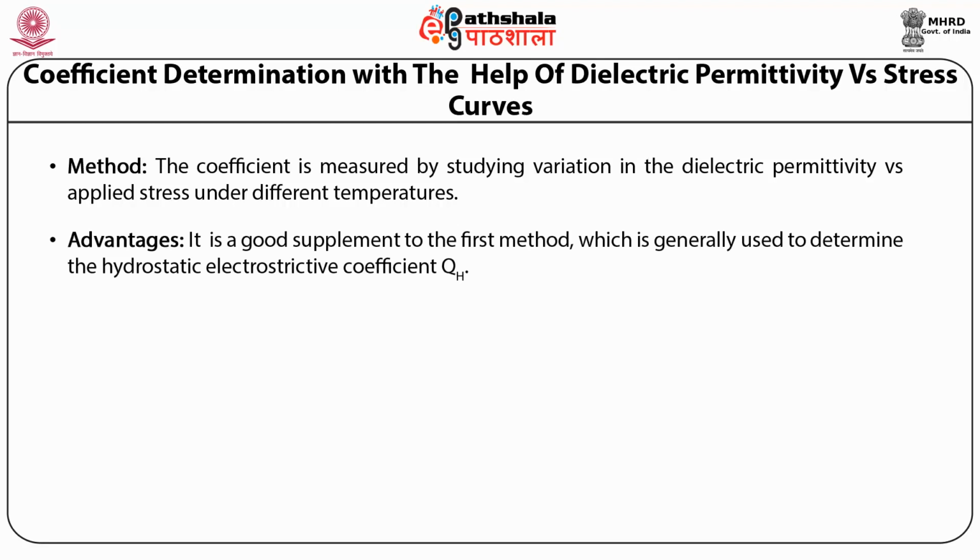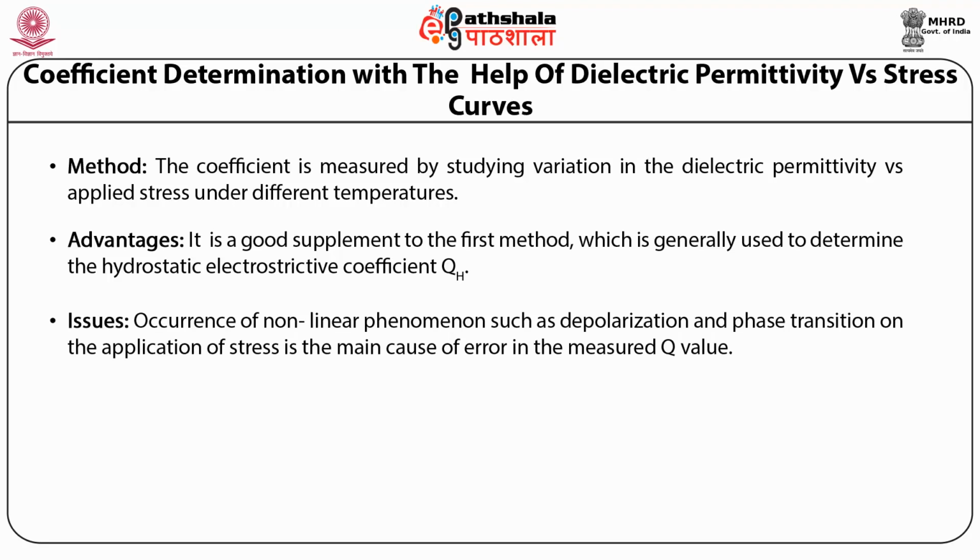Now it has certain advantages: it is a good supplement to the first method, and it is generally used to determine the hydrostatic electrostrictive coefficient, that is QH. The issue here is that the occurrence of non-linear phenomena such as depolarization and phase transition on the application of stress is the main cause of error in the measured Q value.